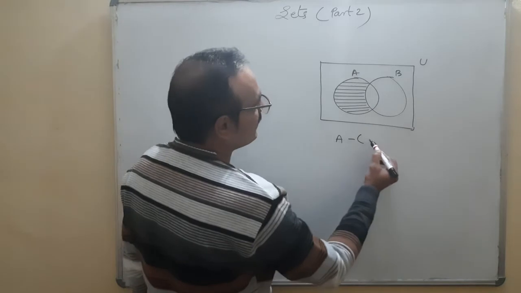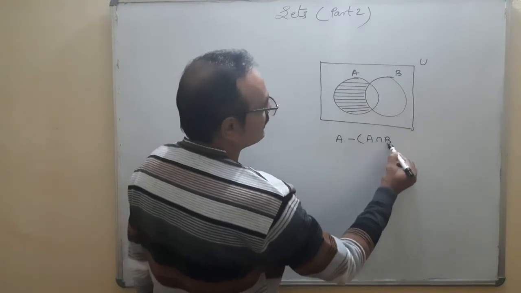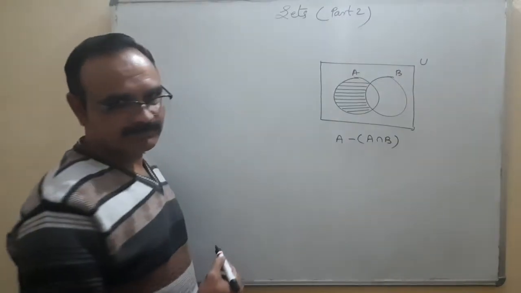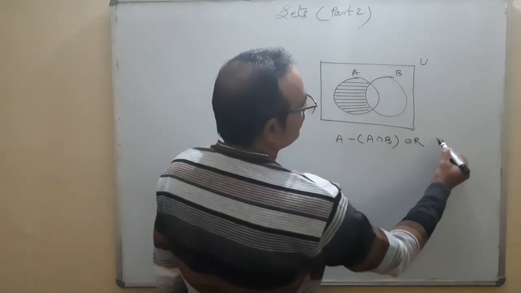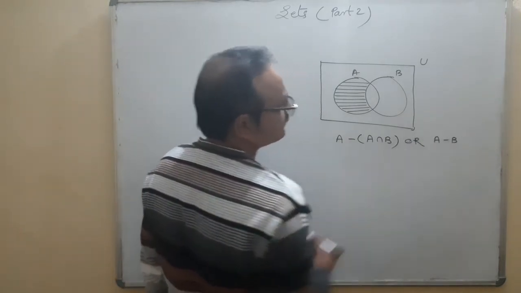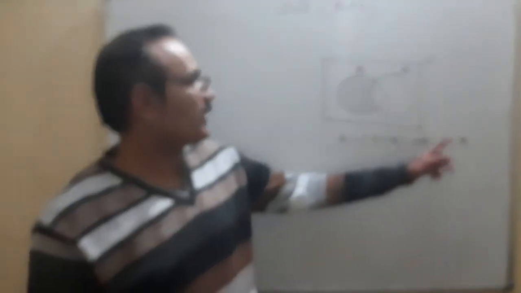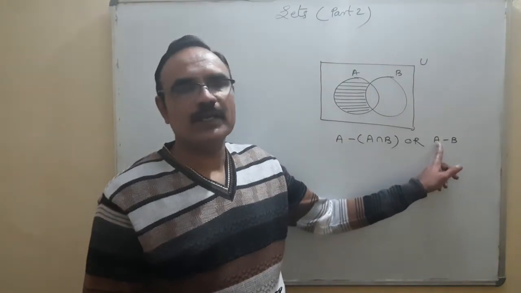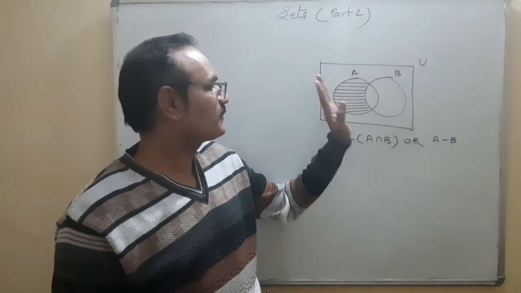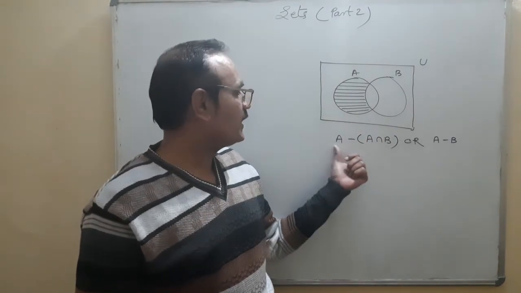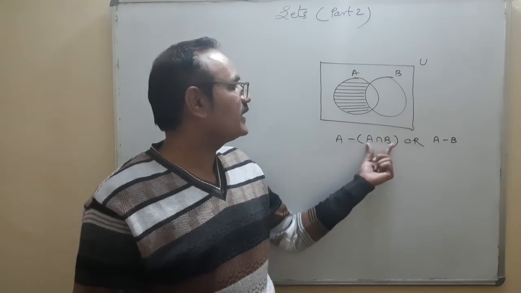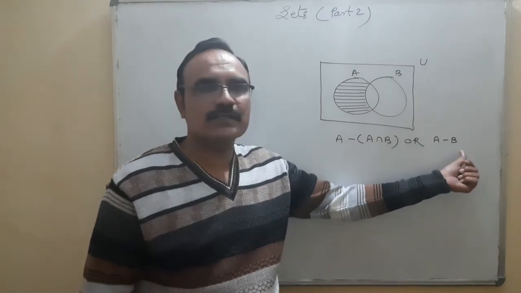So may I write A minus A intersection B? Am I right? Or A difference B. Both are the same: elements which are present in A but not present in B. So one conclusion: A minus A intersection B is equal to A minus B.